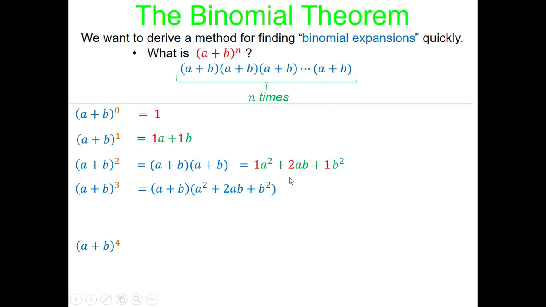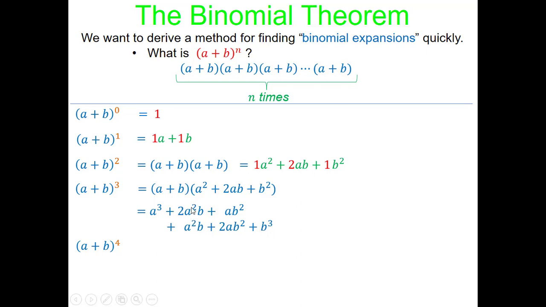So each time we raise or multiply by another a plus b, we're just multiplying by the previous result. Now notice this is pretty simple to do once you get the hang of it, because we're multiplying a to each of the 3 terms, which simply makes each of these exponents on a 1 larger. Now we're multiplying b to each of these terms, which makes the exponent on b 1 larger.